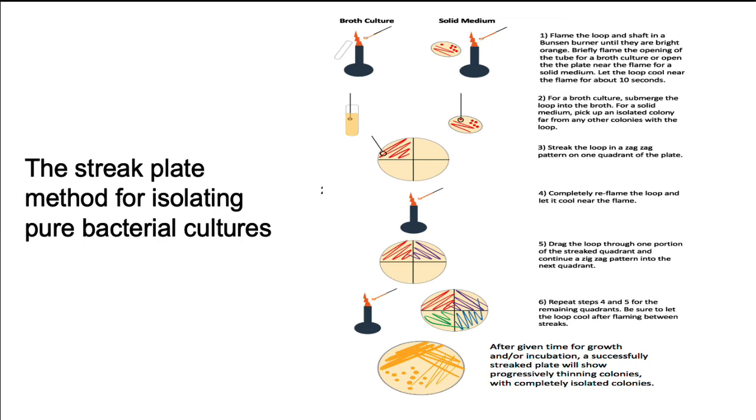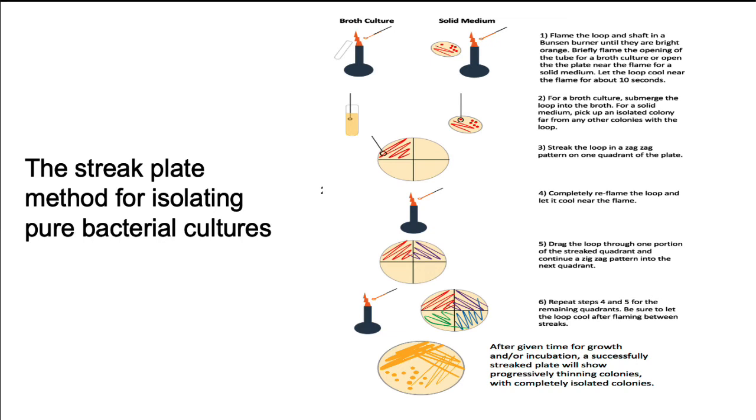So this is why we say you are diluting the cells on the plate, because you took a little bit of sample from that first quadrant and spread it to the second. You repeat the procedure at least two times more. You flame between the quadrants. Again, the importance of that is that you want to dilute your cells.